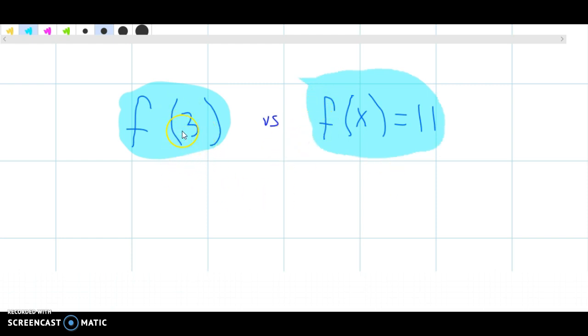In this example, is it the y equal to 3 or is it the x that is equal to 3? That's basically what you have to figure out. The answer is, well, remember, input goes inside the parentheses. So in this case, the x value is equal to 3. And in this case, whatever the y value is, that's going to be equal to 11.